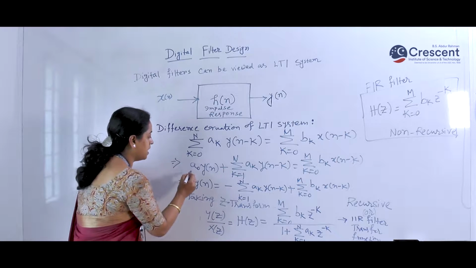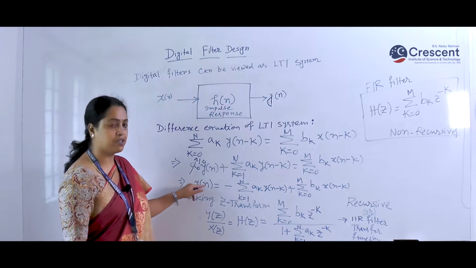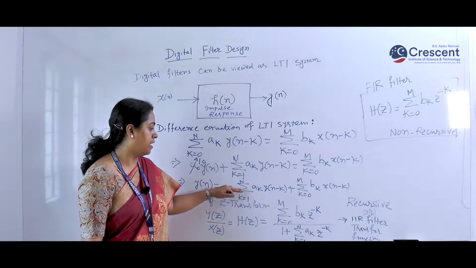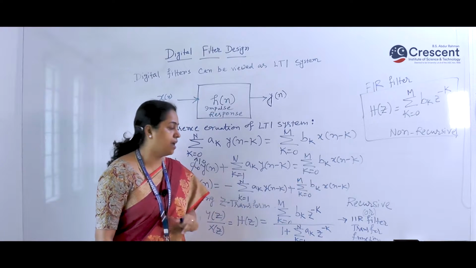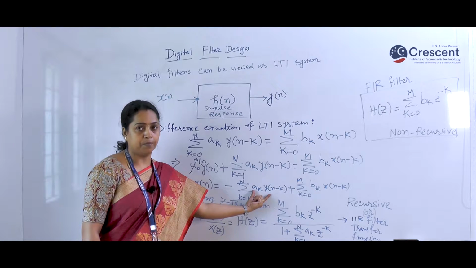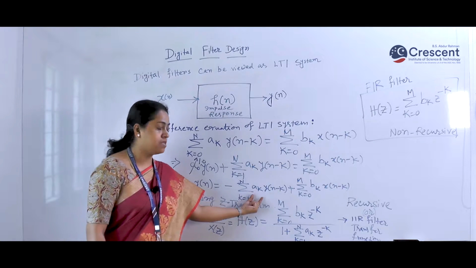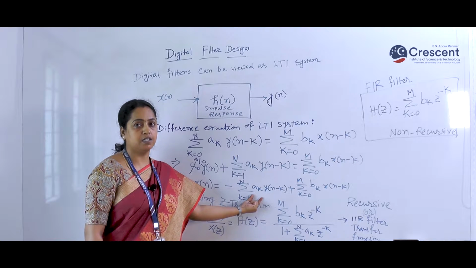Then by setting this a naught equal to 1 or unity, we can get the expression as y of n equal to minus the summation of a k y of n minus k plus the summation of b k into x of n minus k. So due to the presence of this term, our output y of n depends on the past outputs. That means it is the recursive system.